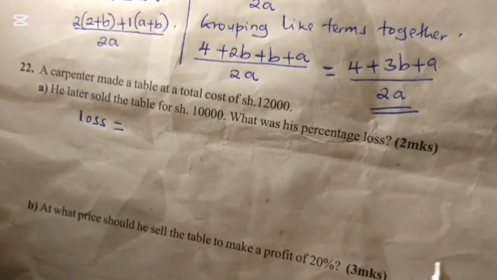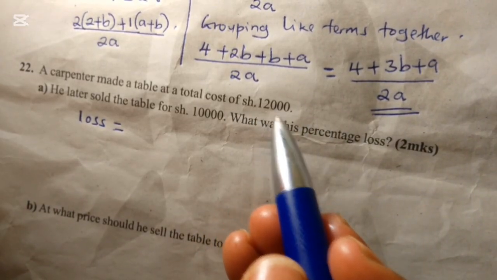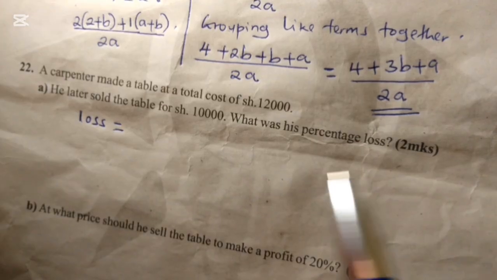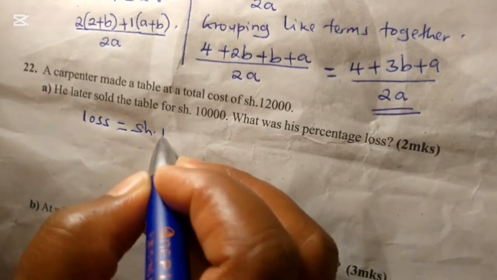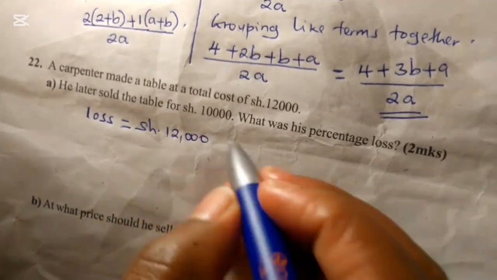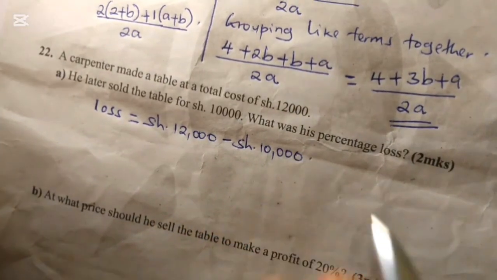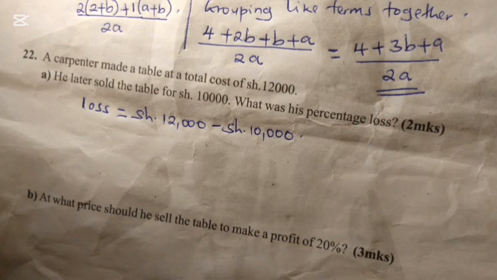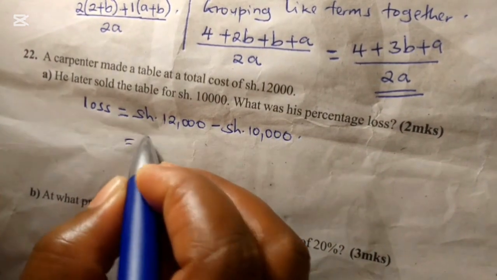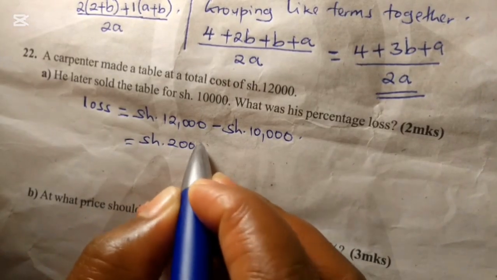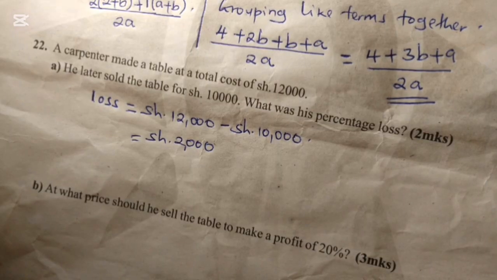The loss will be equal to the total cost that he spent to make the table minus the selling price, which is 12,000 shillings minus 10,000 shillings, and that is equal to 2,000 shillings. So the carpenter went at a loss of 2,000 shillings.